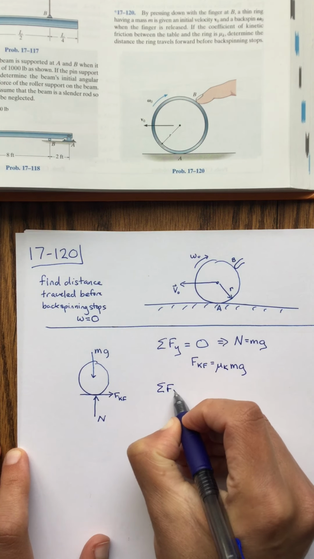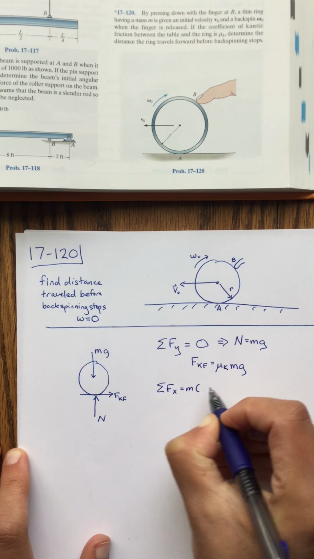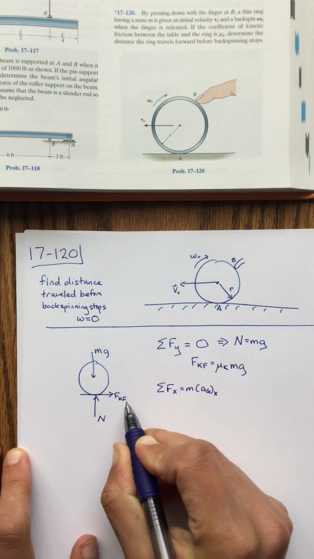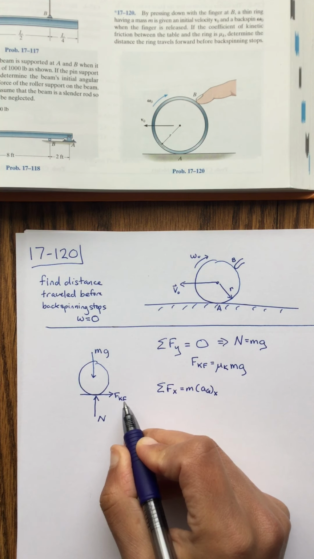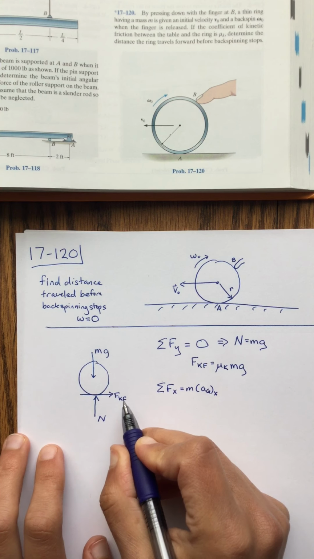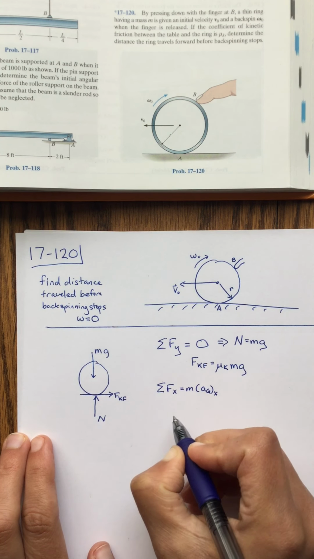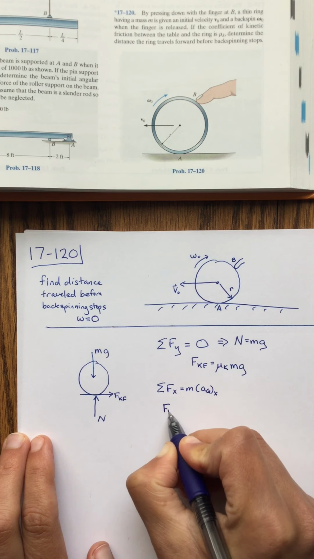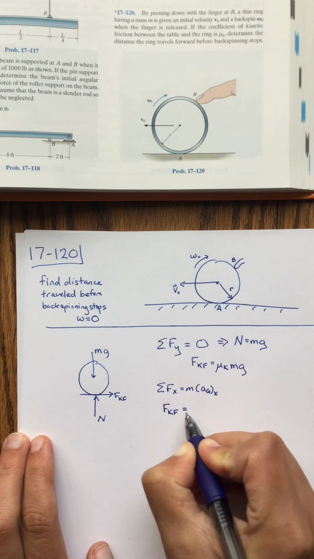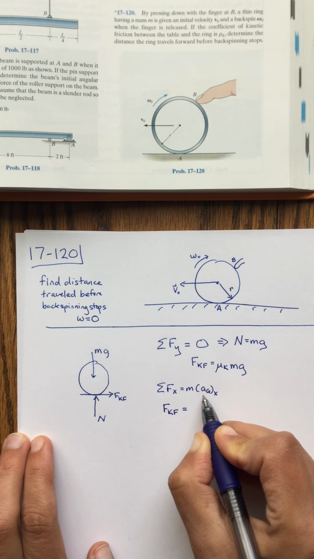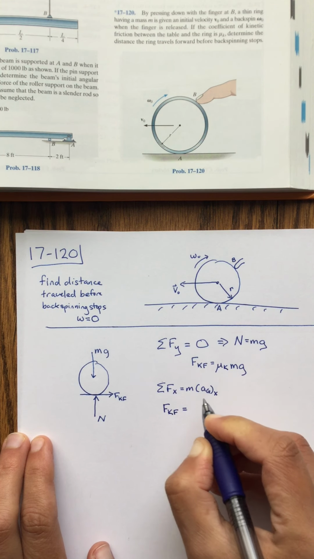The sum of the forces in the x direction is equal to mass times acceleration of the mass center in the x direction. I have one force acting in the x direction, and let's go ahead and say that's the positive direction. So I have positive F_K F. Then I have mass times acceleration of the mass center in the x direction.